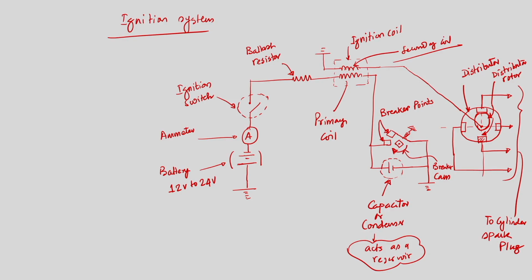Now, because of that, a current will flow through the primary coil in the direction of the battery current, and it will try to charge the condenser. But the condenser has a limit. The current developed because of this high voltage in the primary coil will also flow in the same direction as the battery current and charge the condenser.